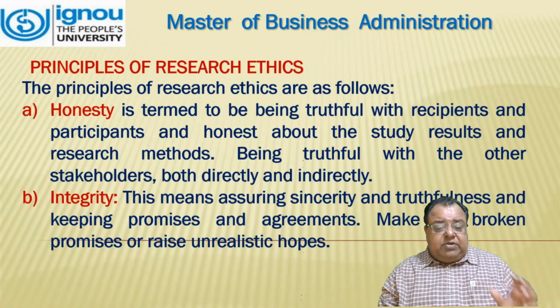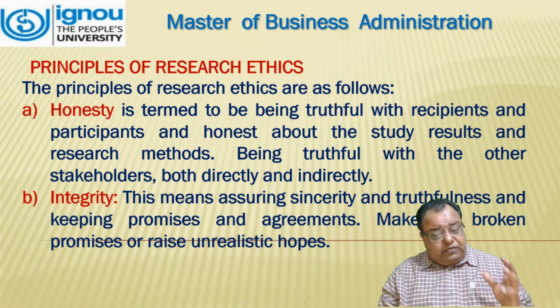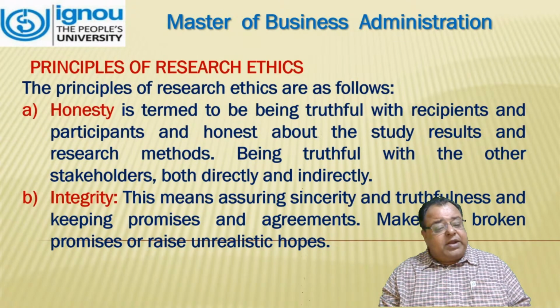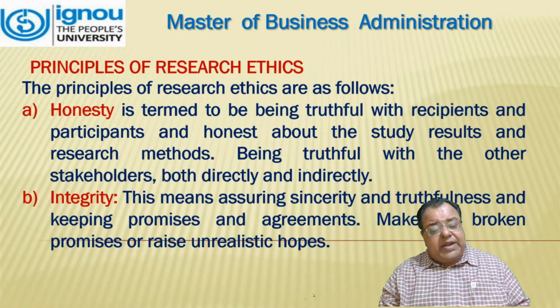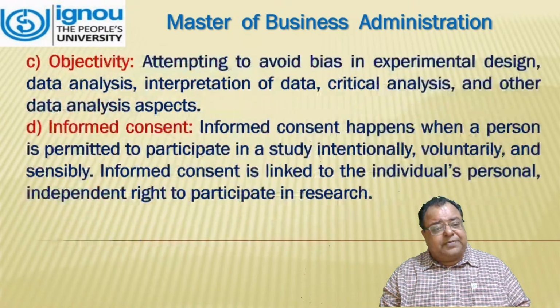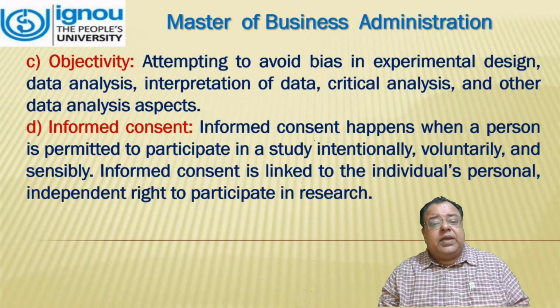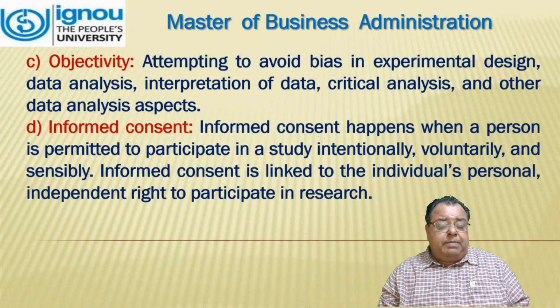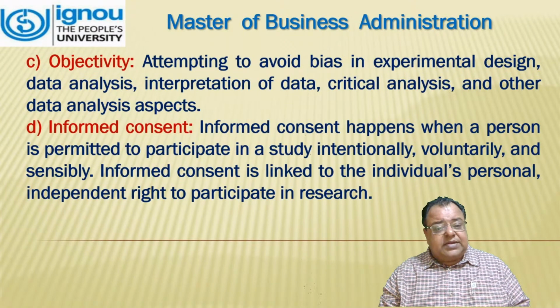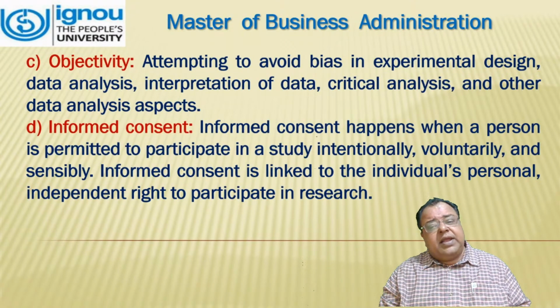This means assuring sincerity and truthfulness and keeping promises and agreements, making no broken promises or raising unrealistic hopes. Objectivity. Attempting to avoid bias in experimental design, data analysis, interpretation of data, critical analysis, and other aspects.